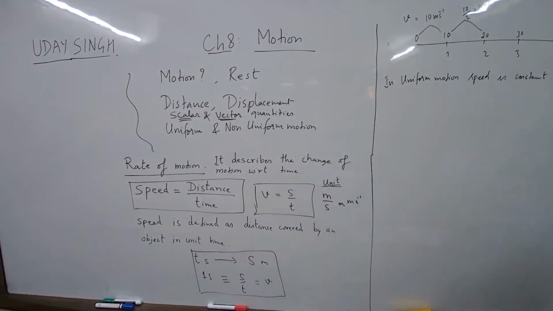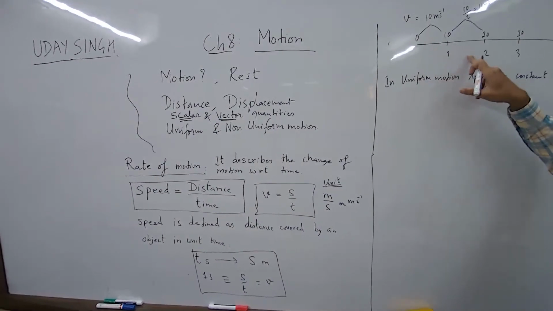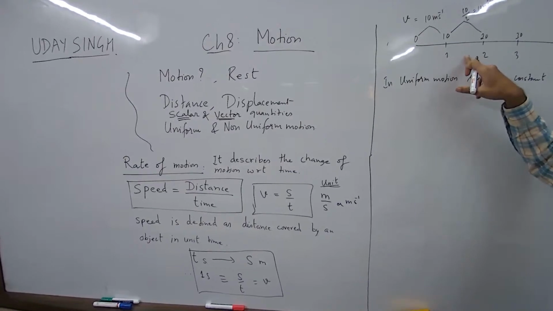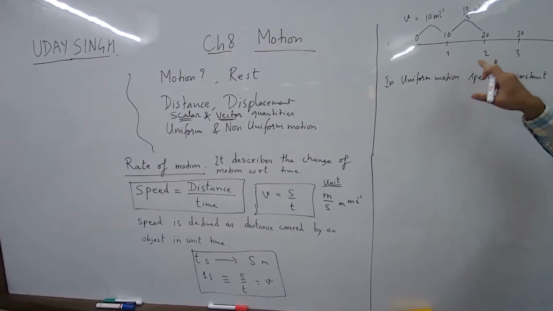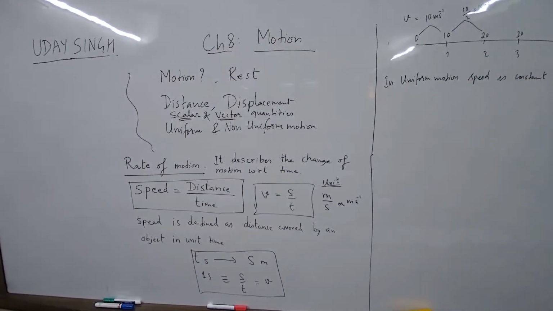In non-uniform motion, if you see the data of your old example, you will find it will not be 10, something else it will be. Between the same time interval, the distance covered is different, therefore the speed also will change. Clear? In uniform motion, speed is constant throughout the journey.